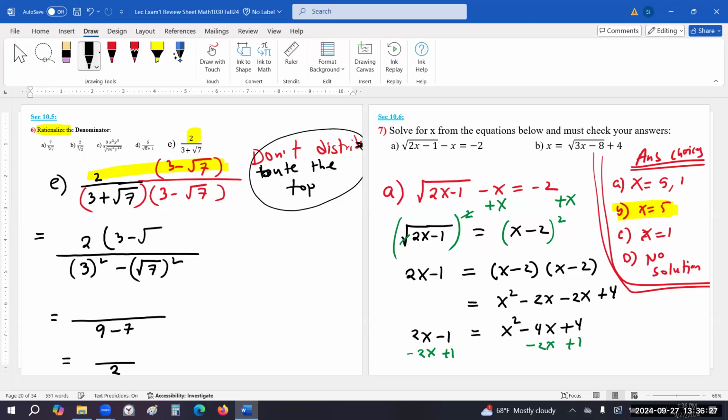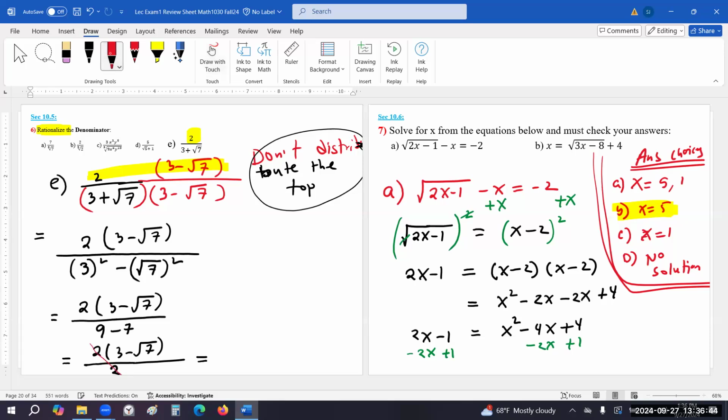So we keep 2 times 3 minus square root of 7, over 2 times 3 plus square root of 7. Why did I not distribute the top? What do you notice now?